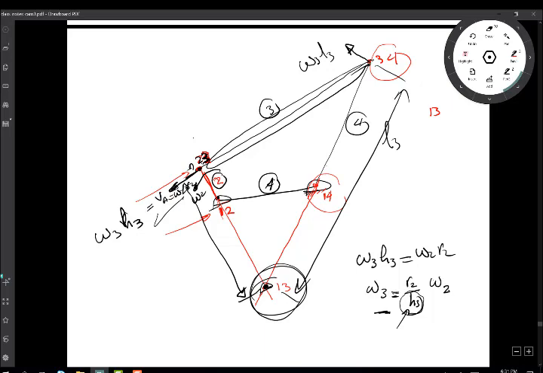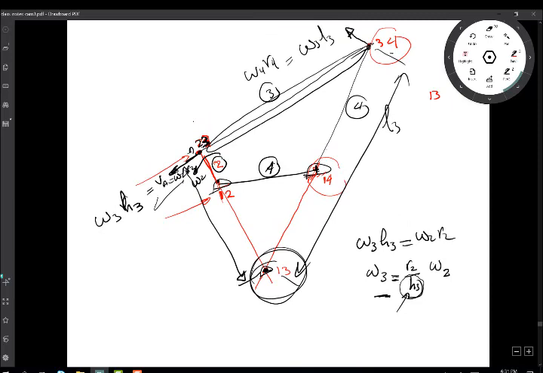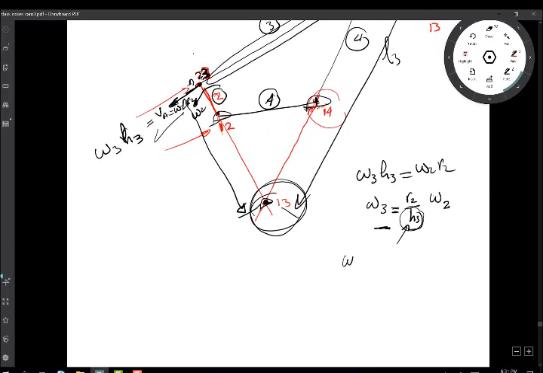But also this point is common between 3 and 4, so it does fall on link number 4, whose fixed pole is 1, 4. So I can say it is also equal to omega 4 R4. And this way I can find an expression for omega 4. So omega 4 R4 is equal to omega 3 L3, and I can calculate omega 4 as L3 over R4 times omega 3.